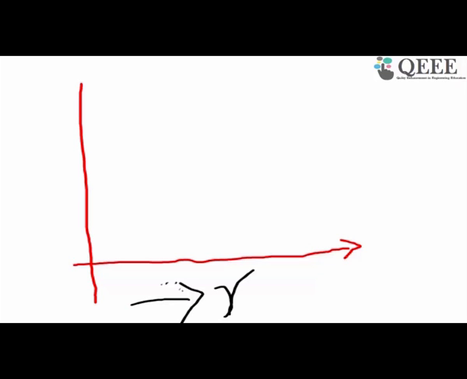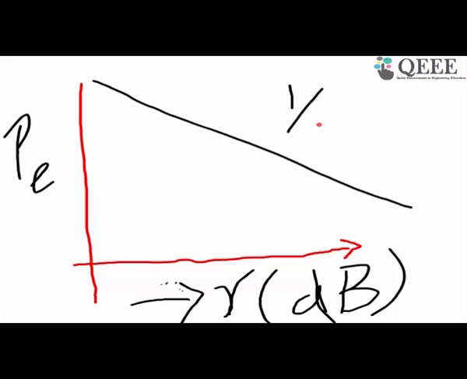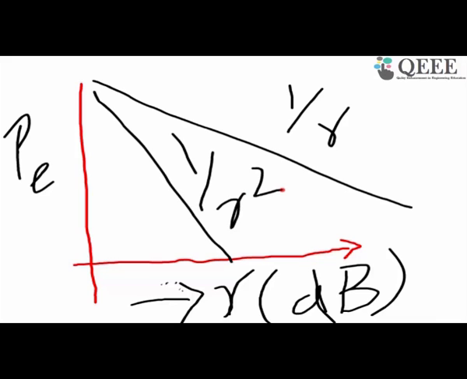On this axis the signal to noise ratio increases. I'll put it in dB. The y-axis is probability of error. Typically it would be log of probability of error, I'm just writing in semi-log scale. So let me plot that. You have already seen the gamma curve. So this is 1 by gamma. This is 1 by gamma square.